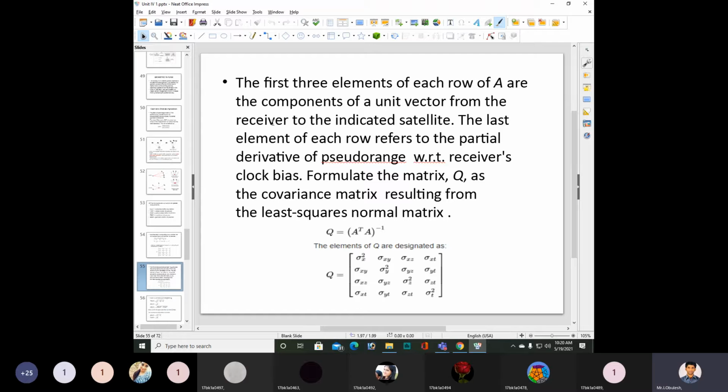The last row is sigma xt, sigma yt, sigma zt, sigma t square. So this is the least squares normal matrix.